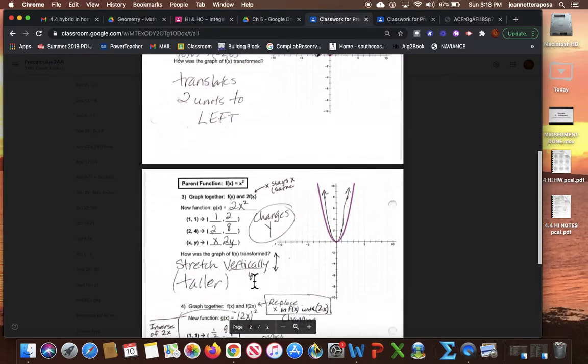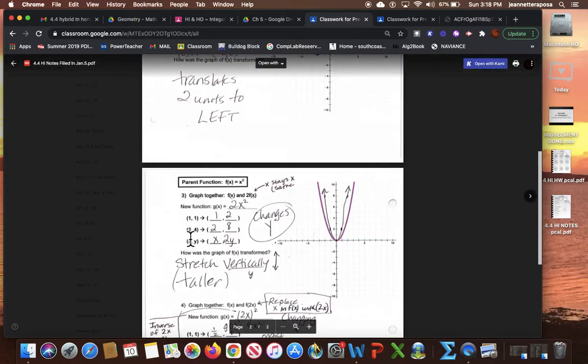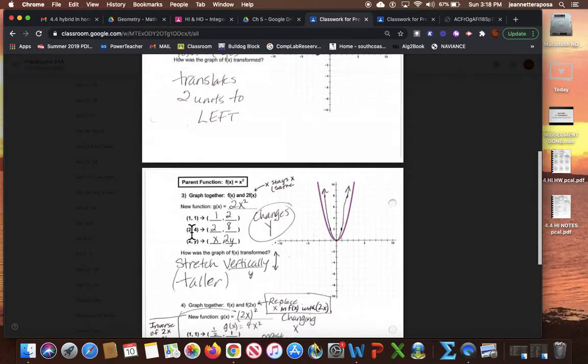In this example, I'm not changing anything inside the brackets, so I'm changing the y coordinate. And instead of adding 2 this time, I'm going to multiply each y coordinate, or each f of x value, by 2. So the same x coordinates I had before, 1 and 2, will now not yield 1 squared and 2 squared, 1 and 4.